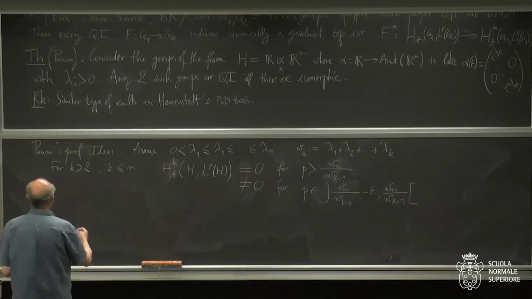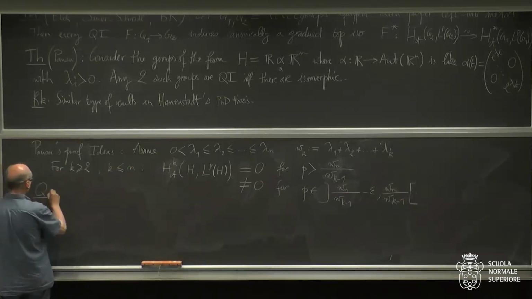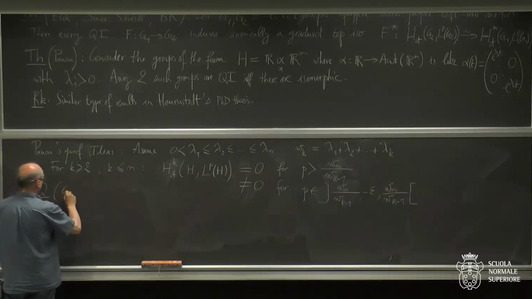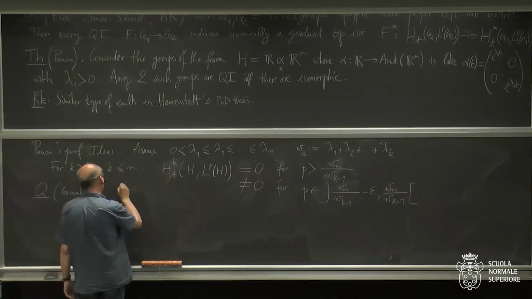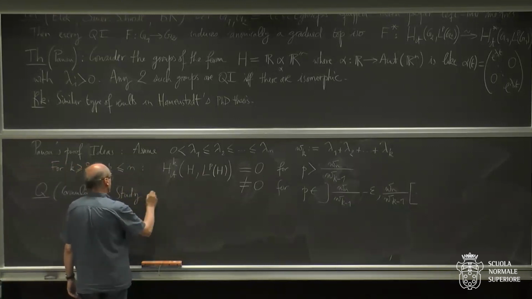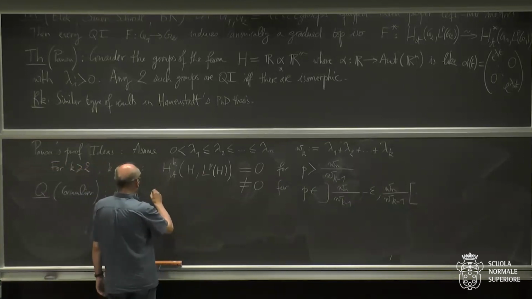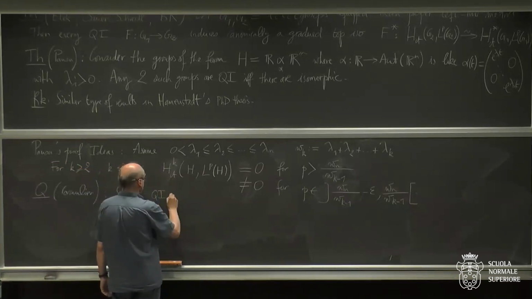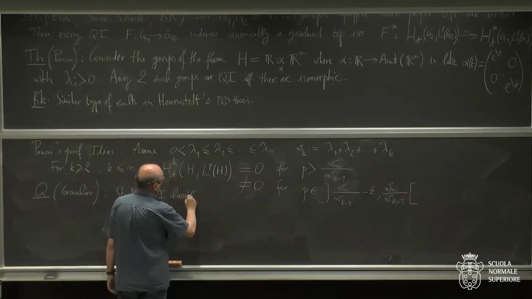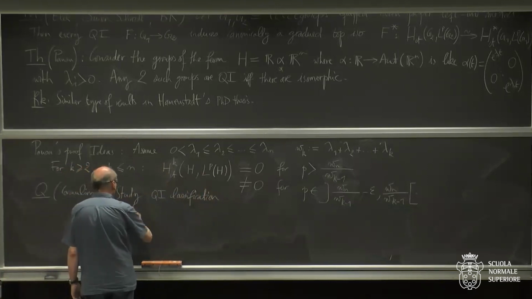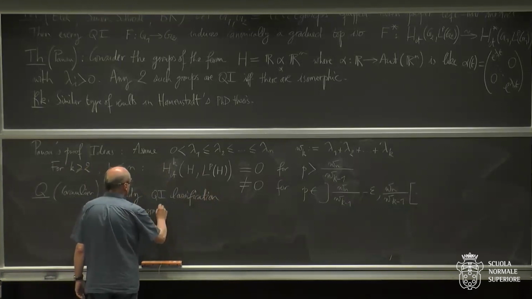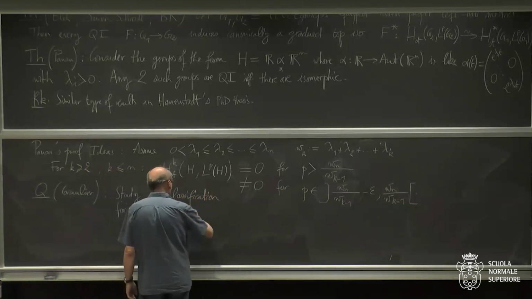But for example, there is this question by Cornulier. He asked about the quasi-isometric classification, or examples of this, for Lie groups of non-positive curvature.